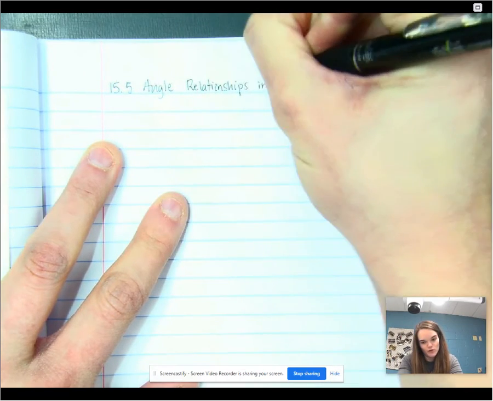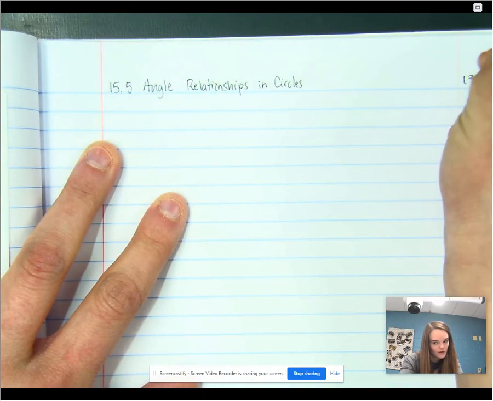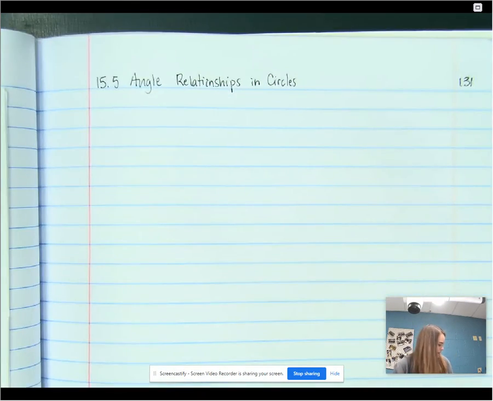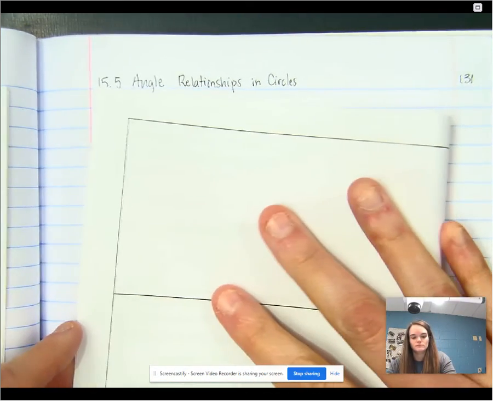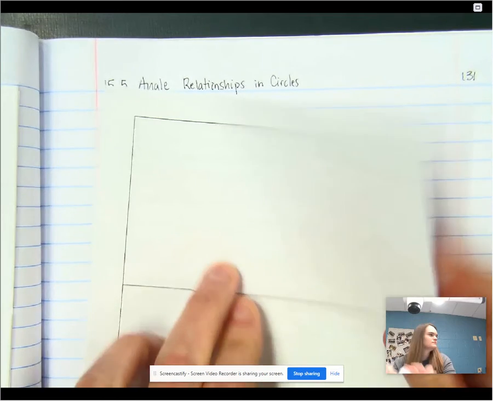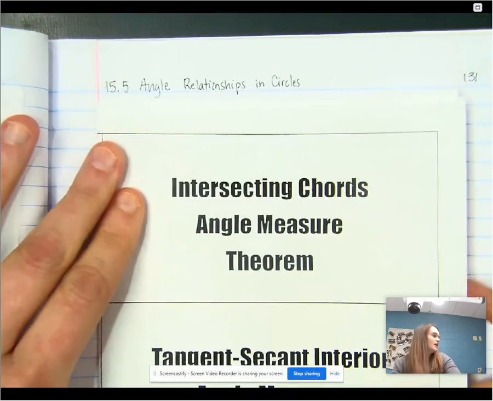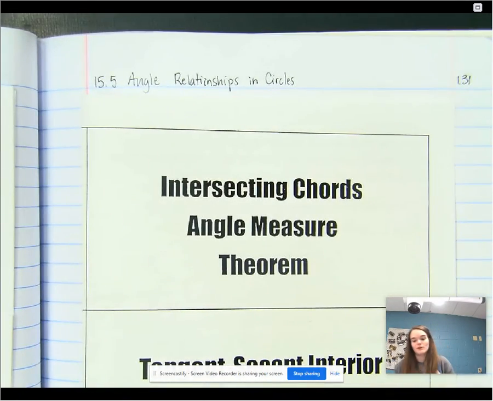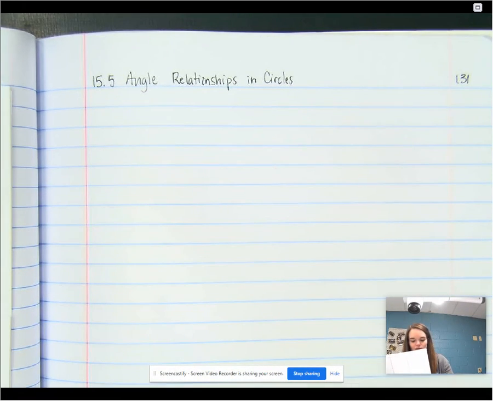I'm going to go ahead and glue in the foldable, and then we're going to start with it. Okay, so your foldable, you're going to fold it in half. I'm going to cut so it's got 3 flaps, and I'm going to make sure I cut from the inside because I messed this one up and forgot.